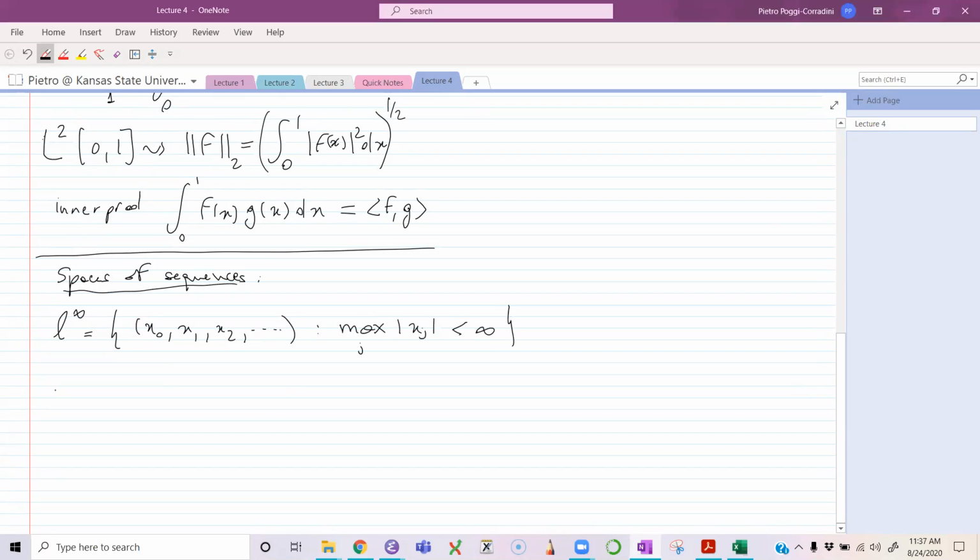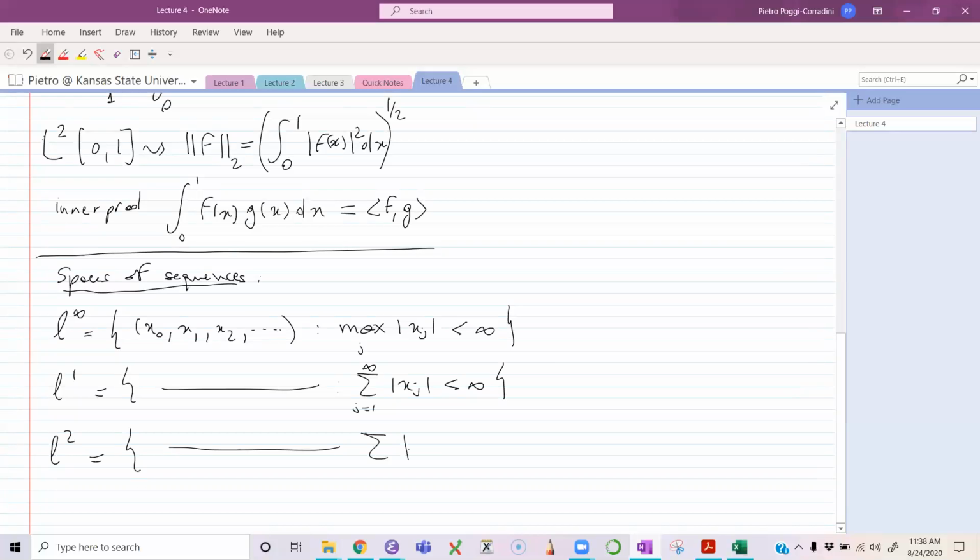There's also little L1, same deal, but now you need to sum the series, and little L2, where you sum the squares. And of course, there's going to be little Lp as well.